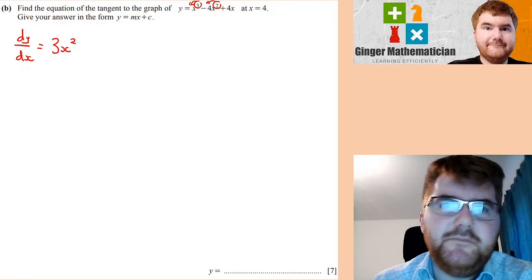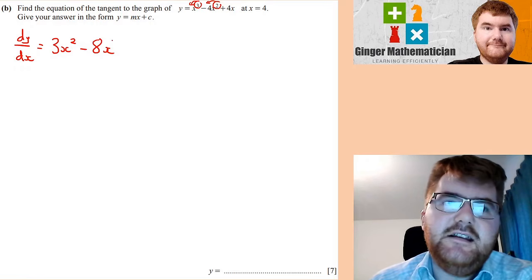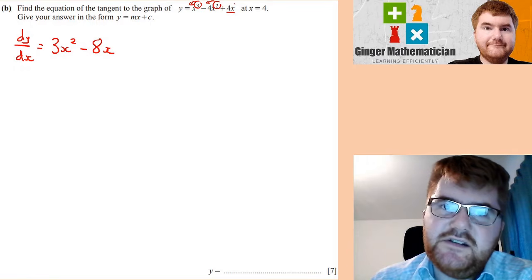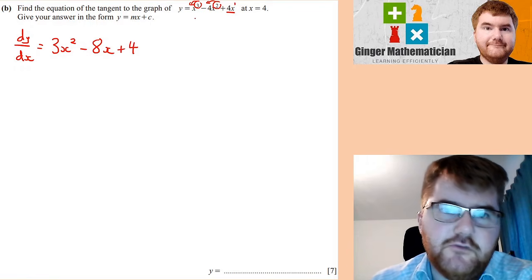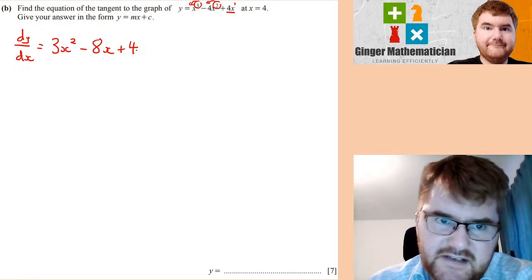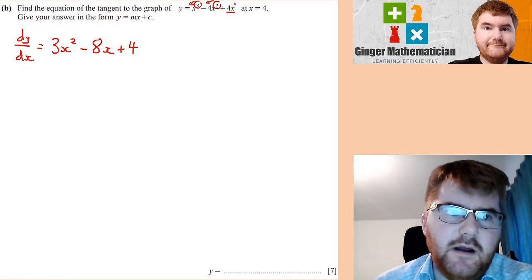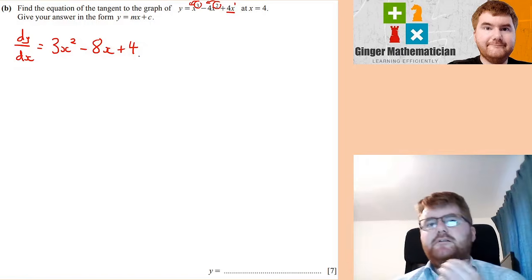So minus 4 times 2 is equal to minus 8, reduce the index by 1, is 8x. And don't forget, because you've got a 4x here, we do the same procedure because this is a 1. 1 times 4 is 4, and then reduce the index by 1. That's x to the power of 0, which is just 1. So we get dy by dx is equal to 3x squared minus 8x plus 4.